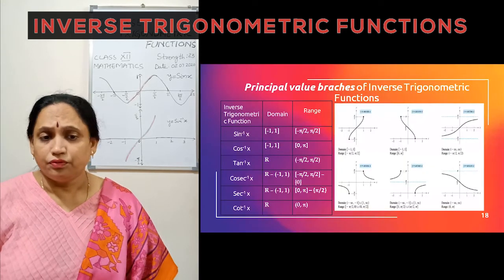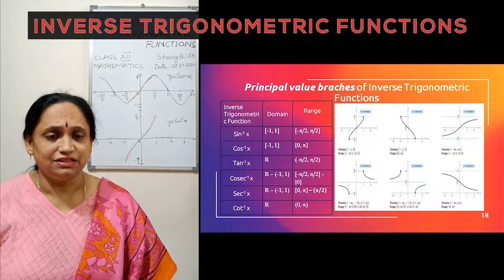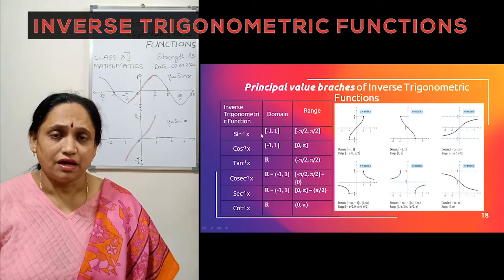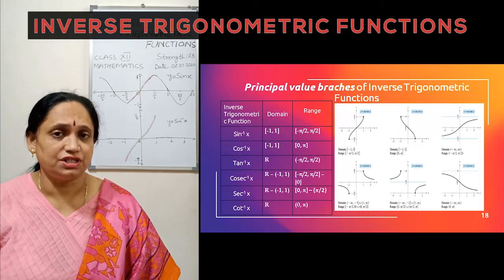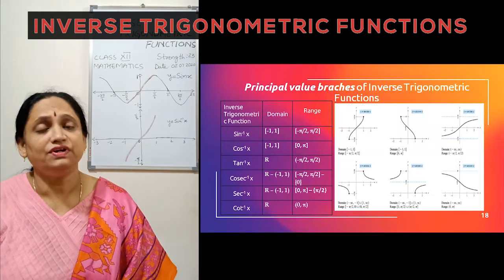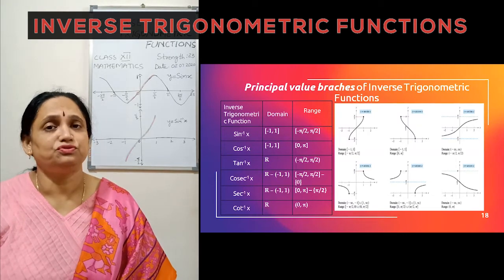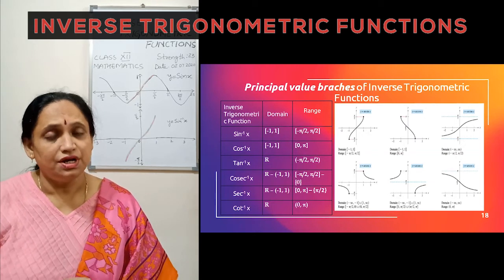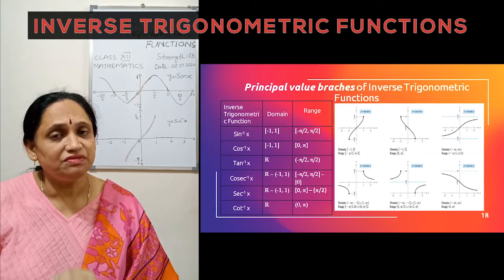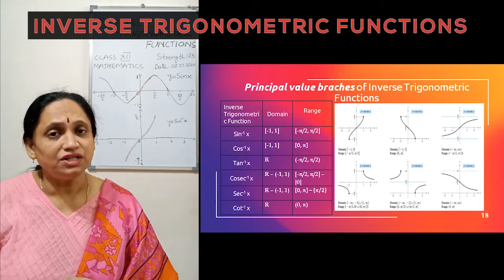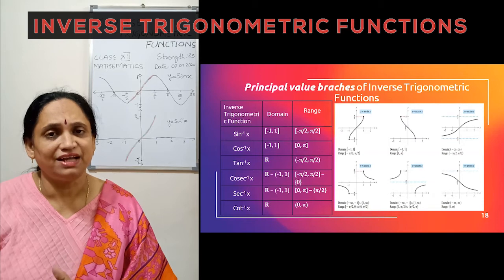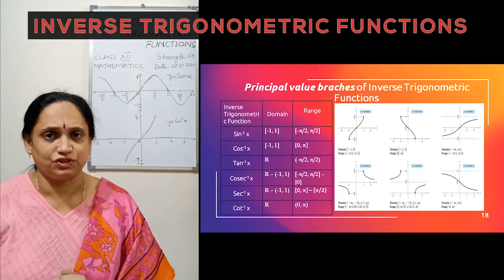So, what we had studied till now, the domain for the sine inverse function is the closed interval -1 to +1 and the range is -π/2 to +π/2. So this particular branch is called the principal value branch. The branch -π/2 to +π/2 becomes the principal value branch for the sine inverse function.